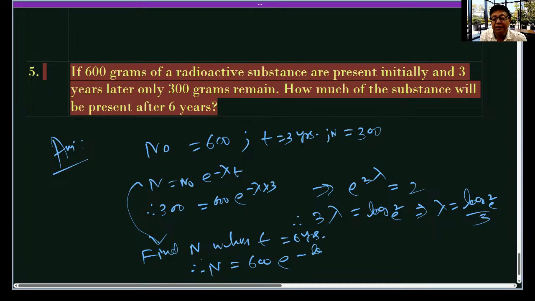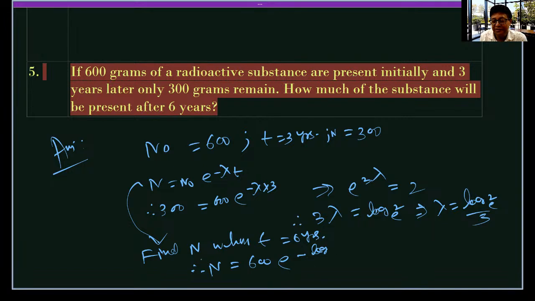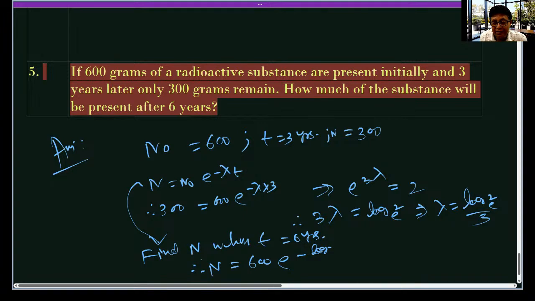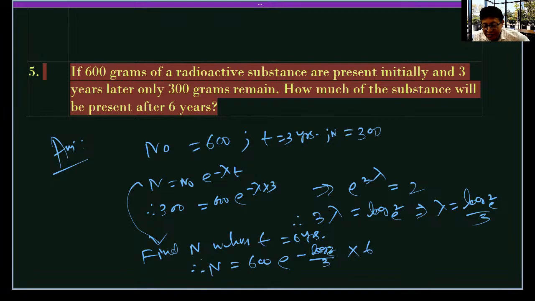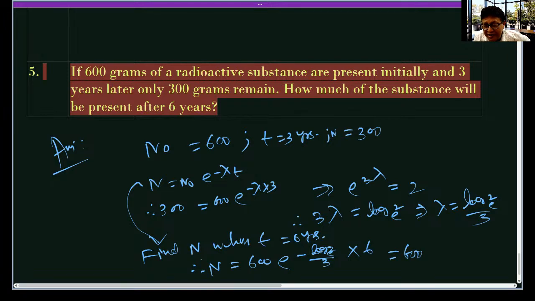Lambda is what? Log 2 base e by 3, into 6. So this is going to be 600 e to the power minus half log 2.